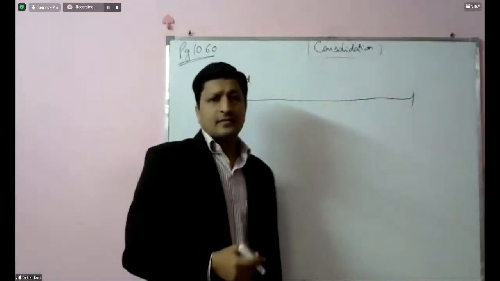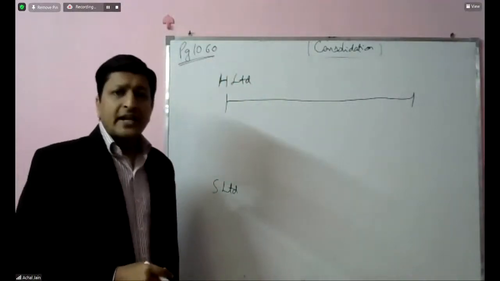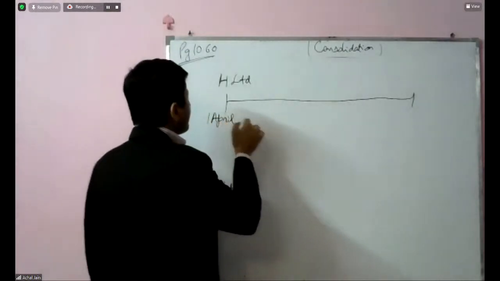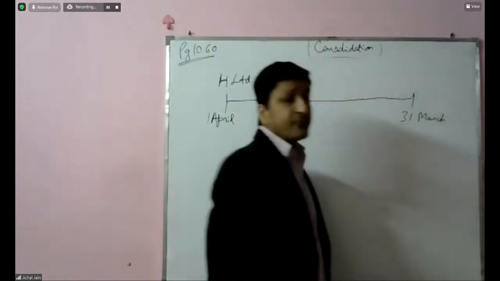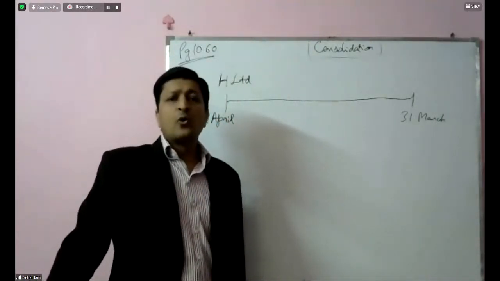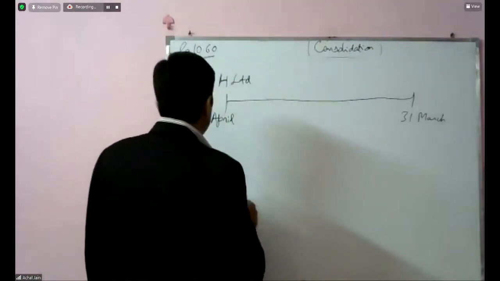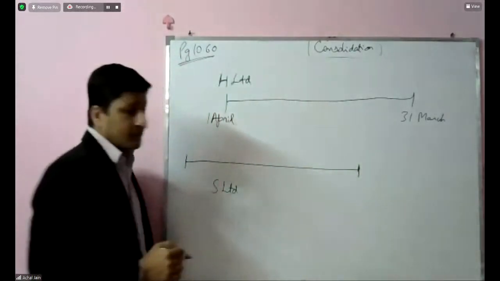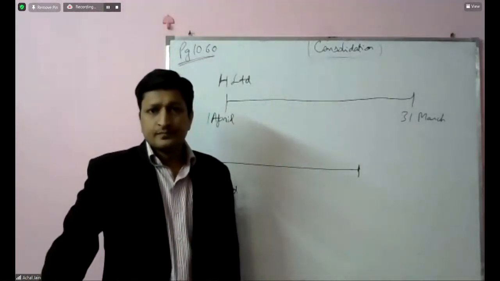Let's understand why. Say, if the holding company follows accounting year, which is from 1st of April to 31st of March. This is the accounting year which the holding company follows. But the subsidiary is a company, let's suppose, which is based out of US.